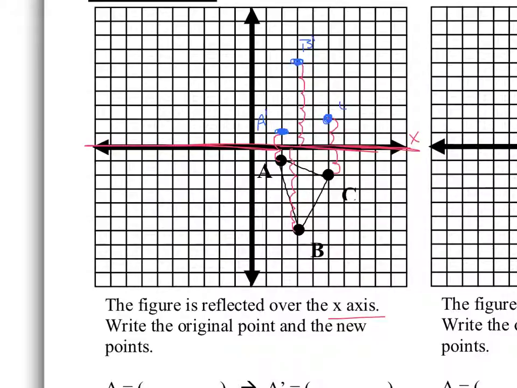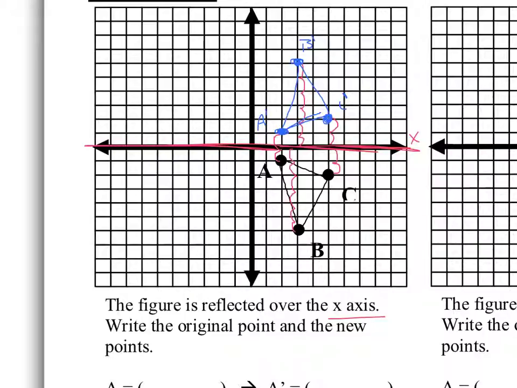Now, the great thing about reflections about the axes is that there's a nice, easy kind of rule that we can use. Now, I don't suggest trying to memorize the rule in its most basic form, because the rule for reflecting something over the x-axis is different than the rule for reflecting something over the y-axis, but they're very much the same.